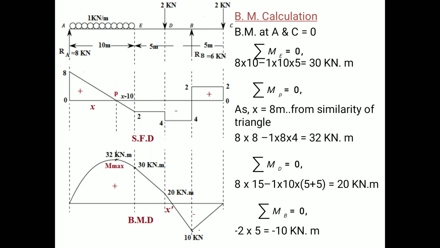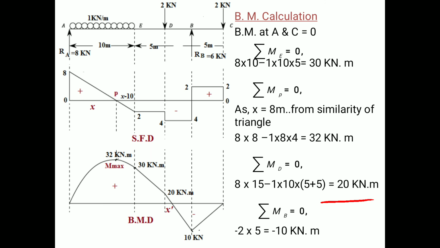We are going to calculate bending moment at point D in the same manner just like point P and E. Therefore 8 into 15, that is reaction into perpendicular distance is 15, minus 1 into 10, and it will act at a distance of half of the span, plus this distance is 5 meter. So after solving it, we have 20 kilonewton meter the bending moment at point D. Similarly, summation of bending moment at point B equal to 0.